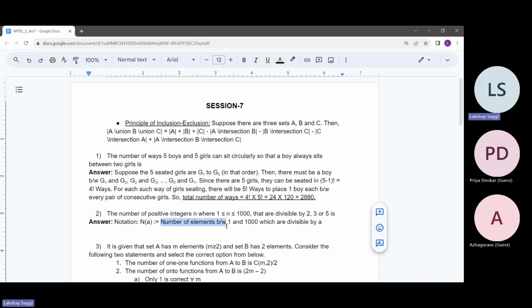So the number of elements between 1 and 1000 which are divisible by A, I'll denote it as n of A.